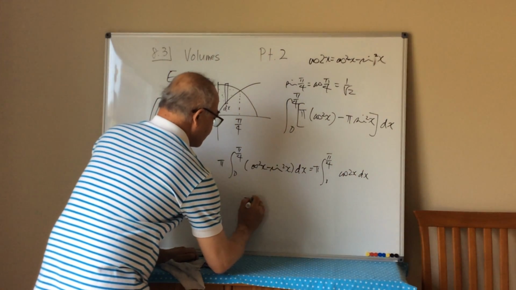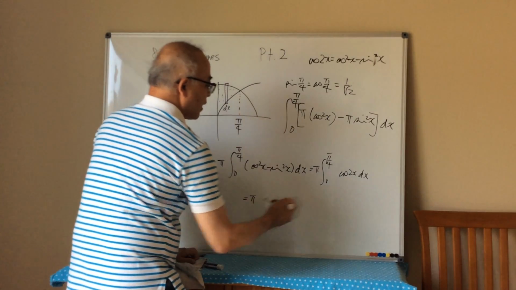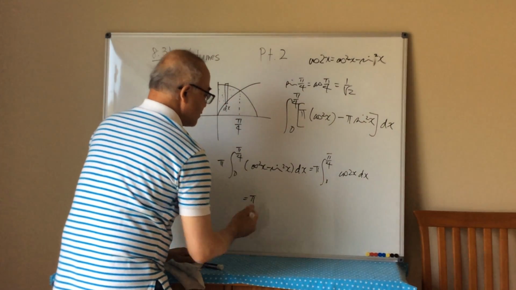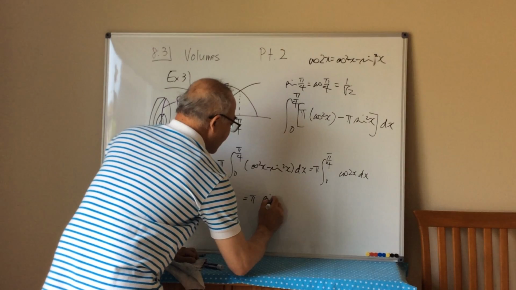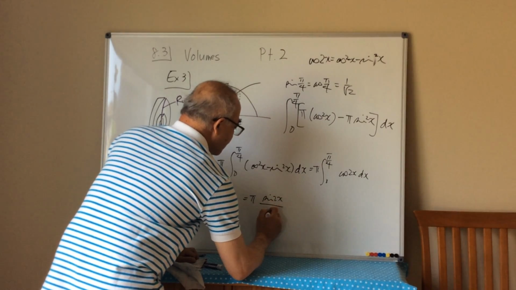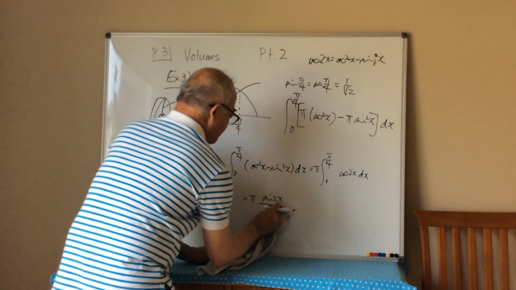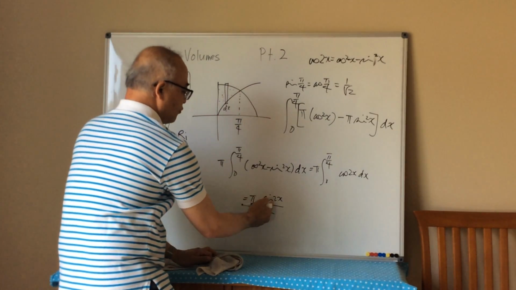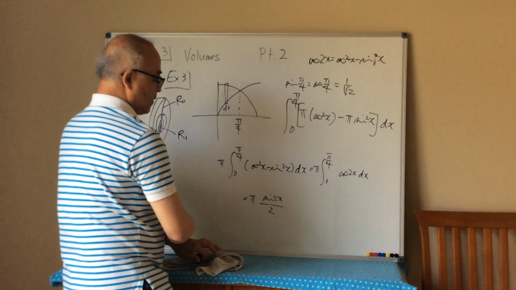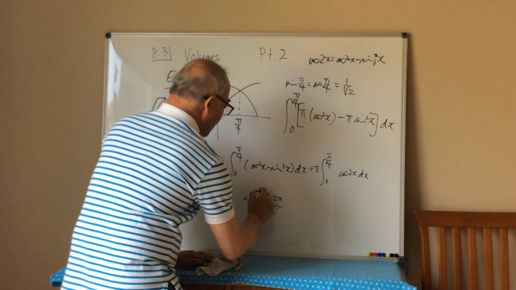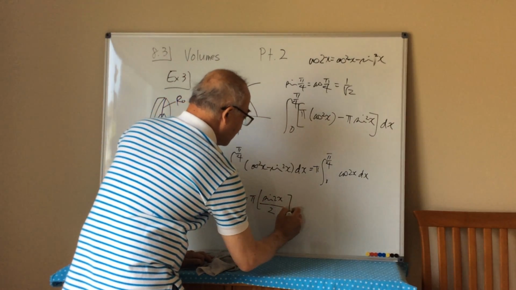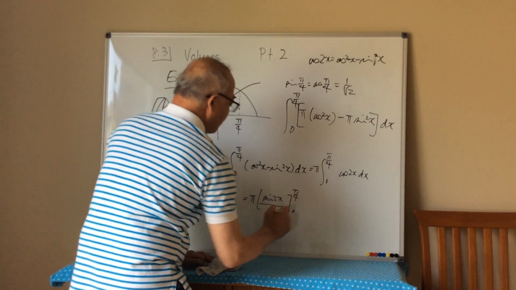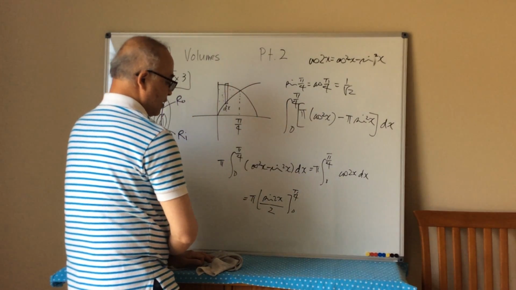So you get pi times sine 2x divided by 2, right? I have to divide by 2 because of the chain rule, that little 2 there. So that's what I would get, and I'm going to evaluate this from 0 to pi over 4.